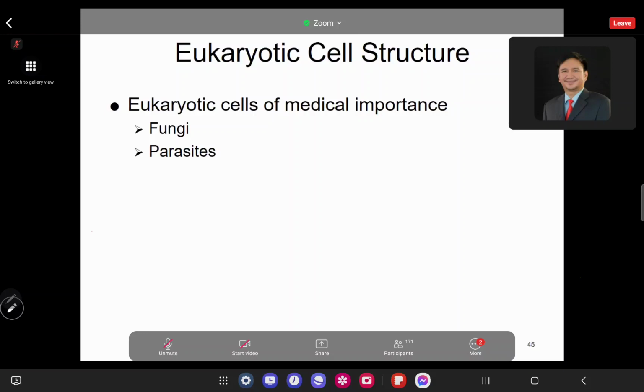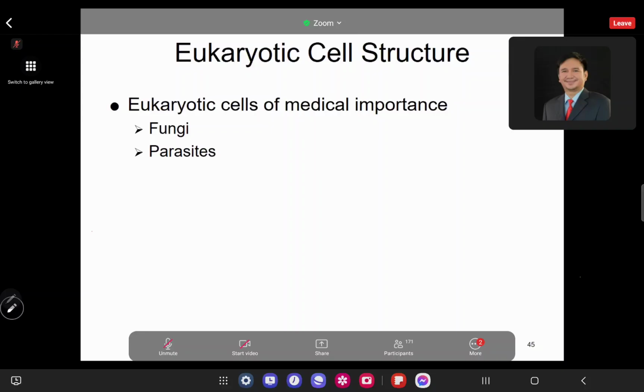Particularly the fungi and parasites of medical importance. Fungi are significant in clinical microbiology because they cause infections such as your candidiasis, it's a yeast infection, aspergillosis, as well as your cryptococcosis.